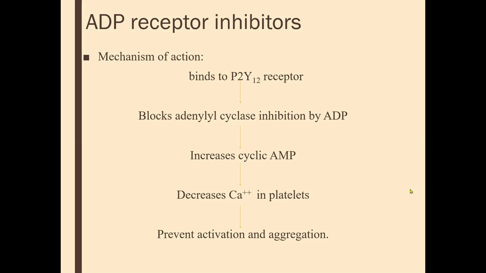Means now ADP-induced blockade will be inhibited. Inhibition of inhibition भयो stimulation भनेको जस्तै, अब ADP bind हुन पाएन भनेपछि adenylyl cyclase will now be activated, isn't it? Means increase in cAMP occurs, and increase in cAMP means decrease in calcium.